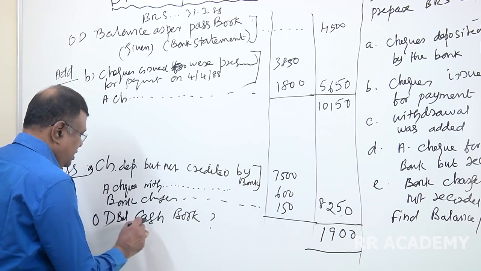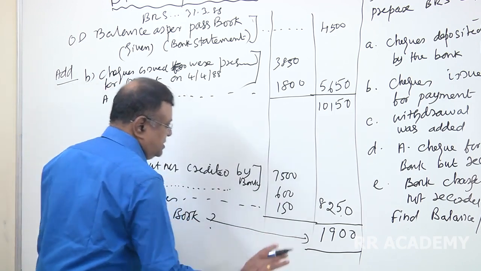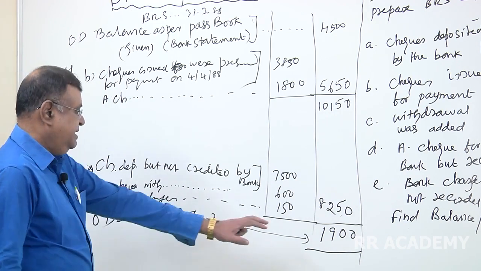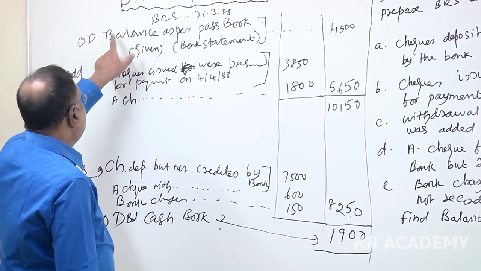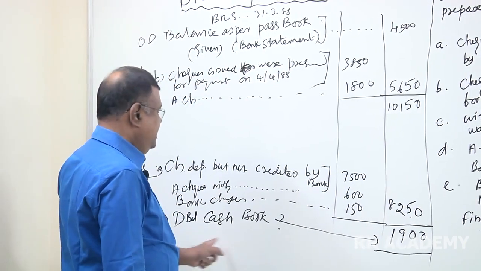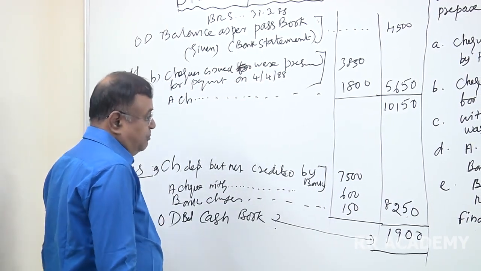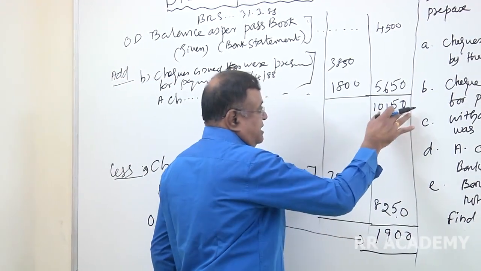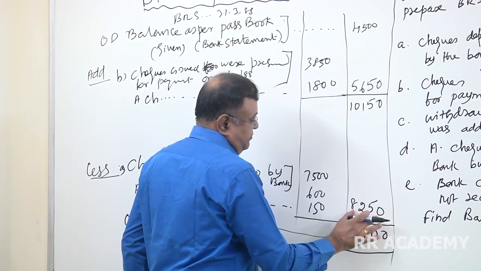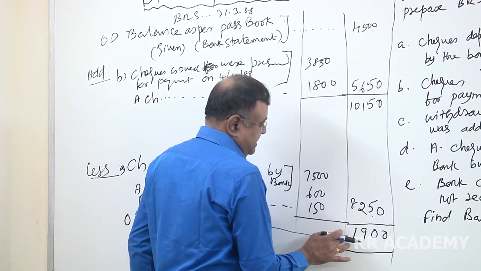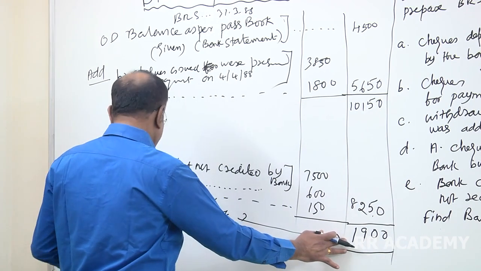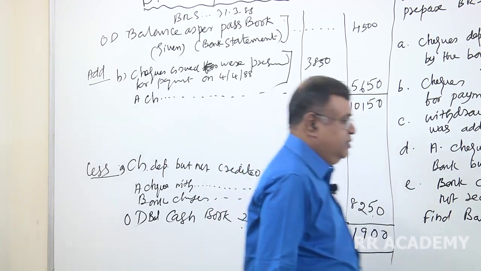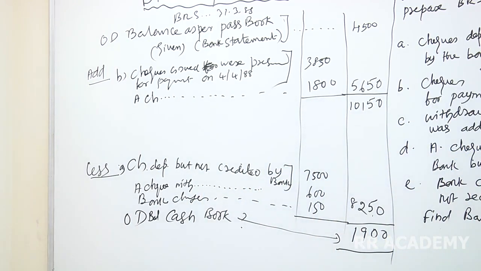We should write OD balance as per cash book. That's all. Because you are writing OD here, we need not write anything. Started with OD balance, ending with OD balance. Suppose it is more than 10,000, suppose here 15,000 comes, meaning minus. If it comes minus here, it will become plus. That means normal balance. Anyhow, you understand this, this will do.